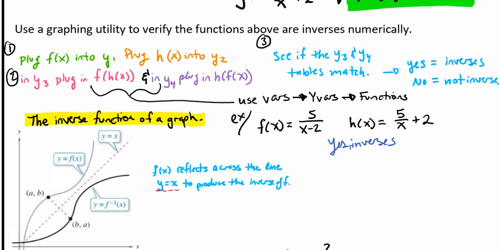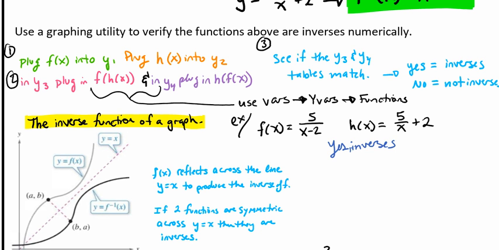So here, our f of x is the gray line, and our inverse of f is the solid black line. If two functions are symmetric across y equals x, then they are inverses. That's kind of important. So if they're symmetric across y equals x, then they are inverses.